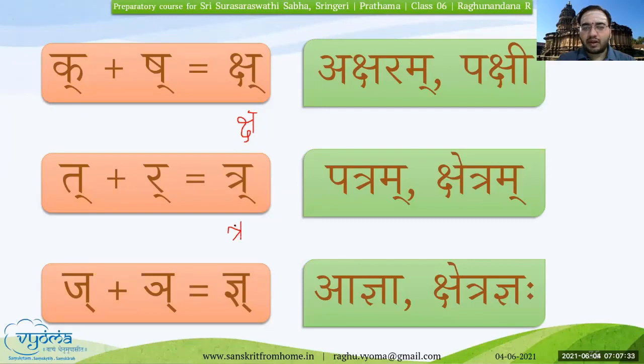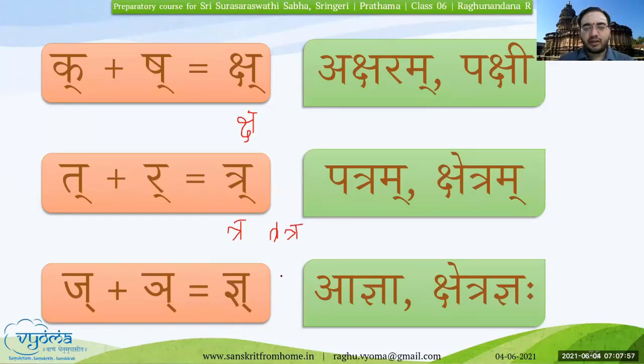This is written in one stroke. If you see closely, this is similar to Takara and then Ra as a sanyuktaksharam, which is a slanting line. A bit of modification of that same thing is this. That's how you can visualize Tra.